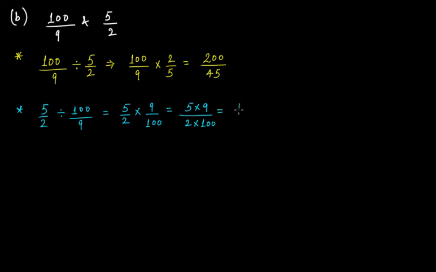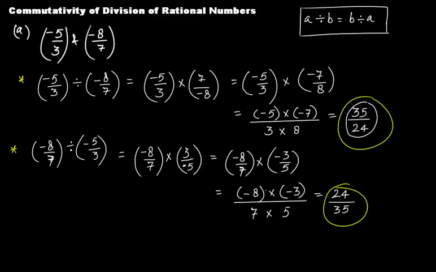So you get 45 over 200. So here we have 200 over 45, and here we have 45 over 200. Clearly these two are not equal. Therefore we say that the division of rational numbers is not commutative. Addition is, subtraction is not, multiplication is, division is not.